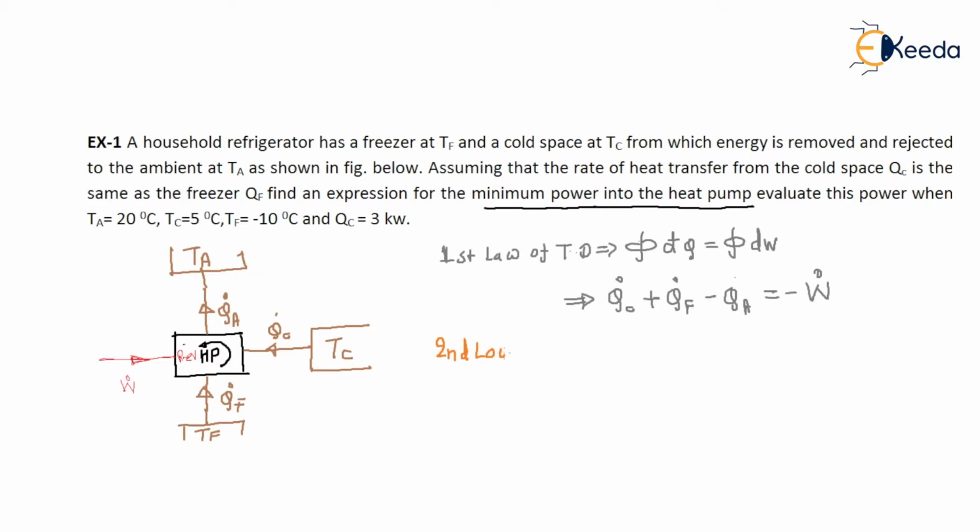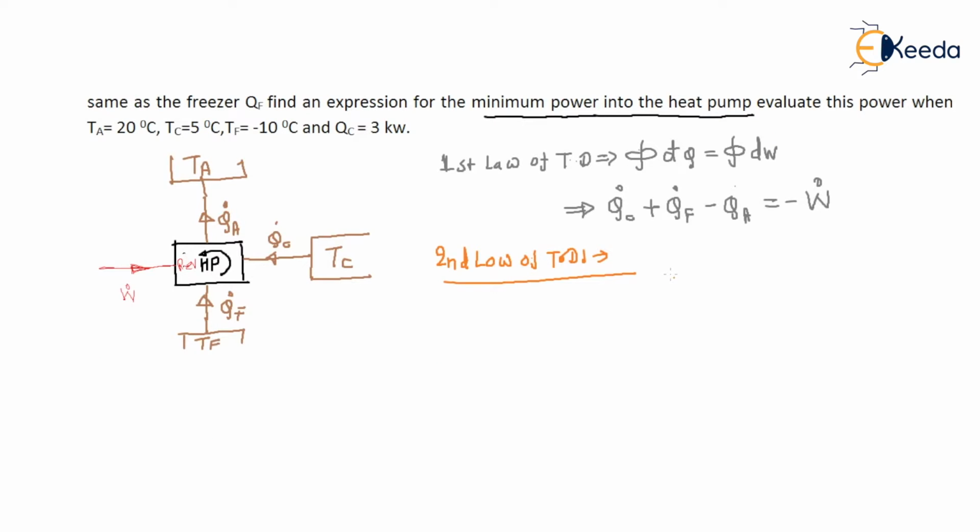This is a reversible cycle, so the cyclic integration of dq by T for a reversible cycle is 0. If we assume it is internally as well as externally reversible, a totally reversible cycle, the boundary temperature is TA plus dTA, where for a reversible cycle dTA tends to 0.